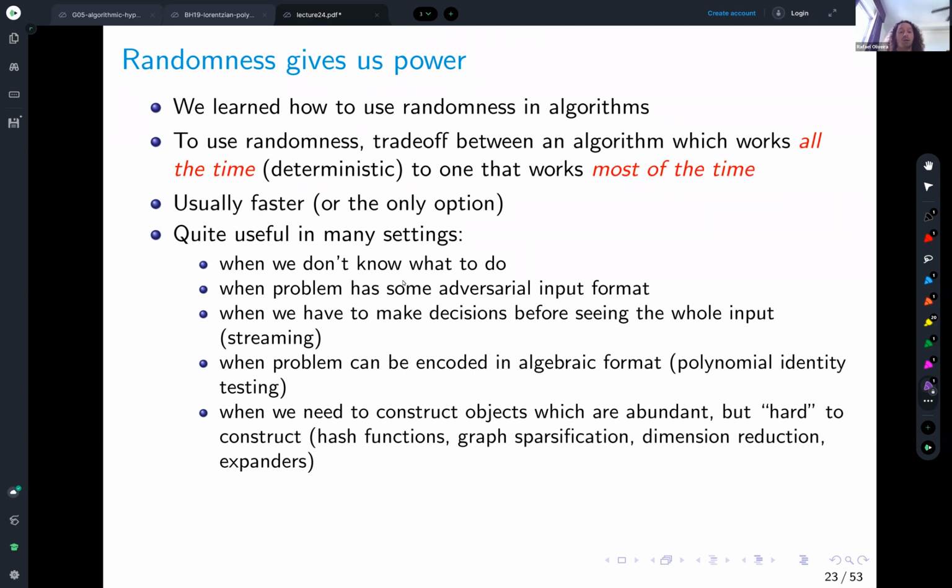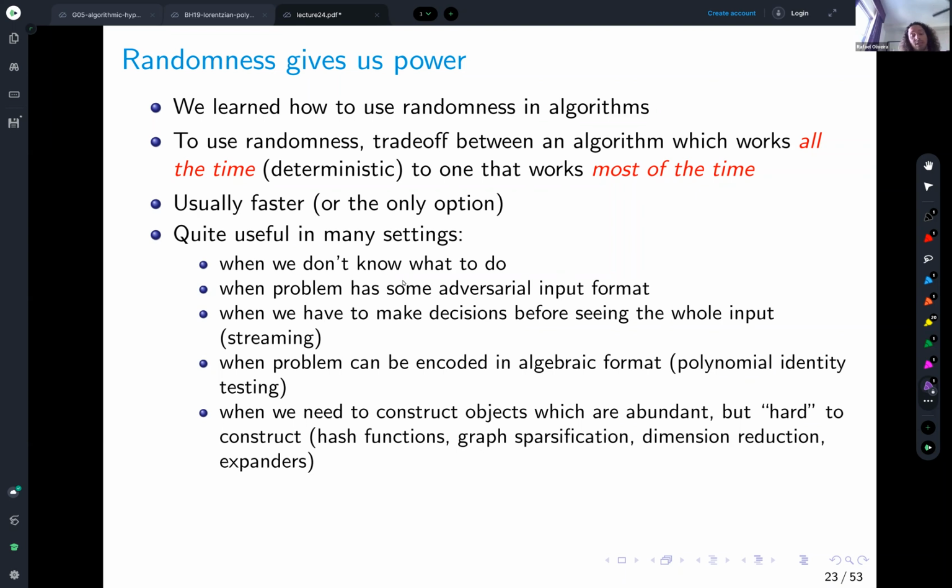And what other ways is randomness useful? Well, when a problem can be encoded in an algebraic format, we can use polynomial identity testing or fingerprinting techniques to solve the problem really fast, right? And we saw that, for example, for perfect matching. Another setting is when we need to construct objects which are abundant but really hard to construct. When does this happen?